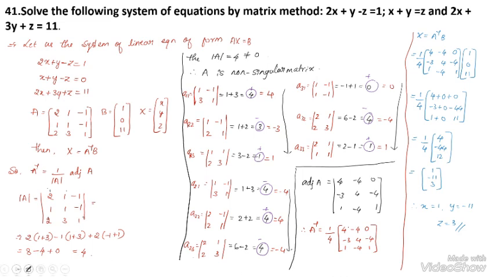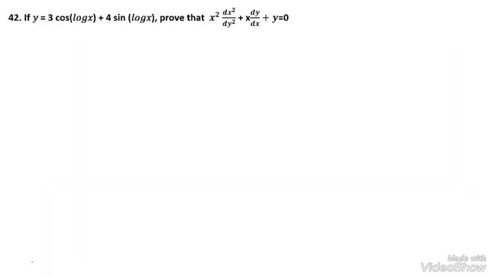Let's move on to question number 42. Here, if y is equal to 3 into cos of log x plus 4 into sine of log x, we have to prove that x square into d square y by dx square plus x into dy by dx plus y is equal to 0.